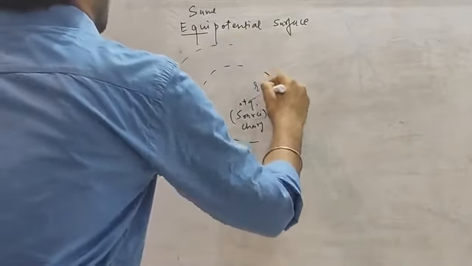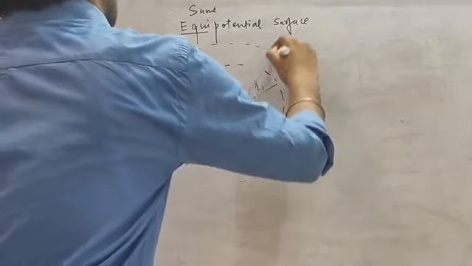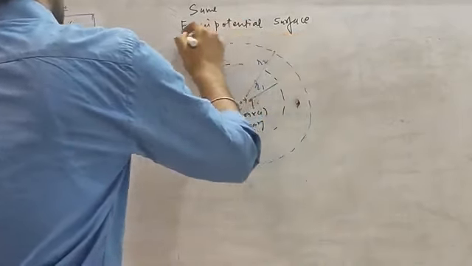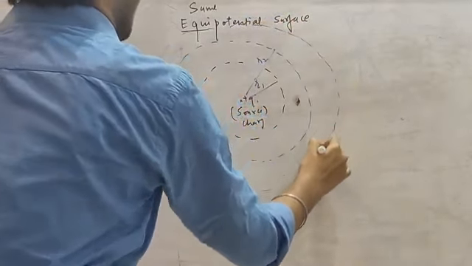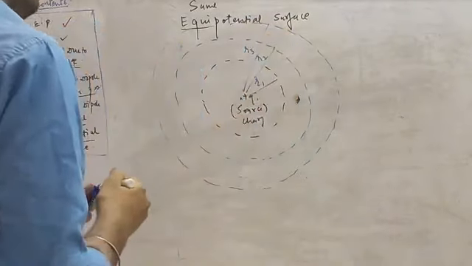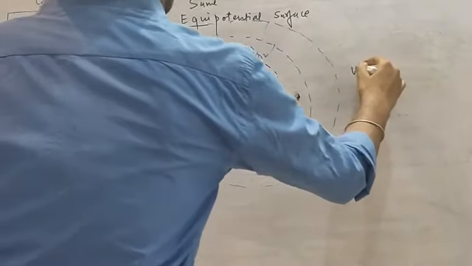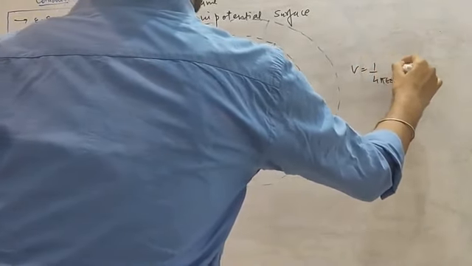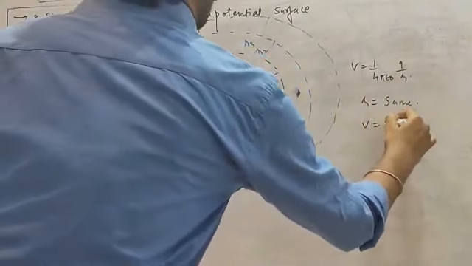Suppose this is the distance r1, and suppose we place another test charge at distance r2, and another test charge at distance r3. So we know very well from the formula of potential, 1 upon 4 pi epsilon naught Q upon R, if R is the same, then the potential will also be the same.